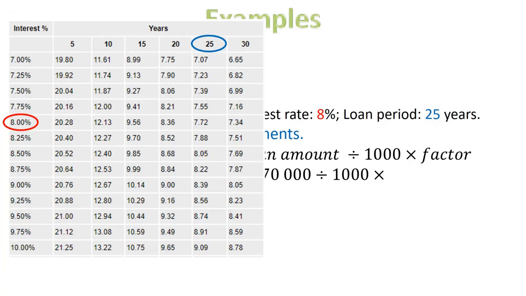Now I follow along the blocks in my table and I get my factor to be 7.72, and that is my factor for a 25-year bond at 8%. 7.72. And so I times by 7.72. Have a look, make sure you can see how I get 7.72.